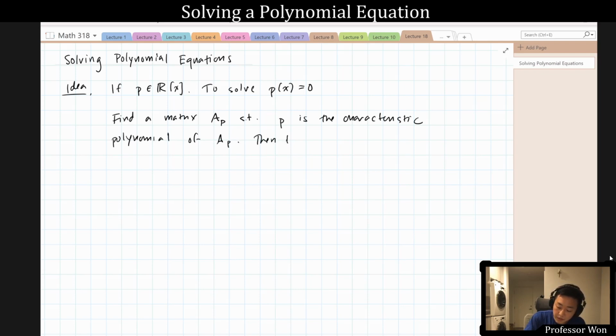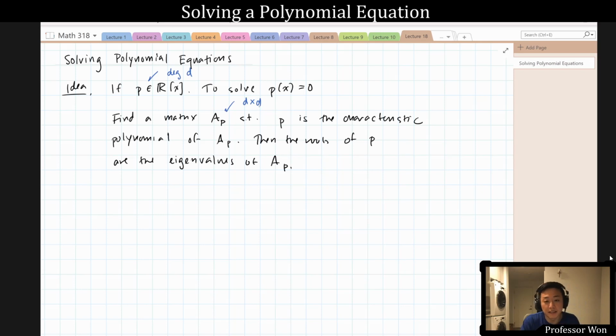Then the roots of p are the same thing as the eigenvalues of A_p. To be even more specific, let's say that p has degree d, and then this matrix would have to be d by d, because I want p to be the characteristic polynomial of A_p. Since a polynomial is a finite sum, it has a finite degree, so it'll be a finite size matrix if I can find it.